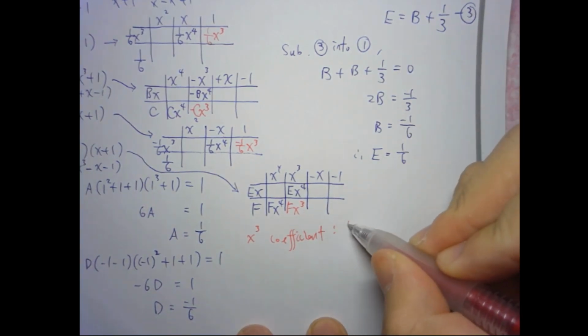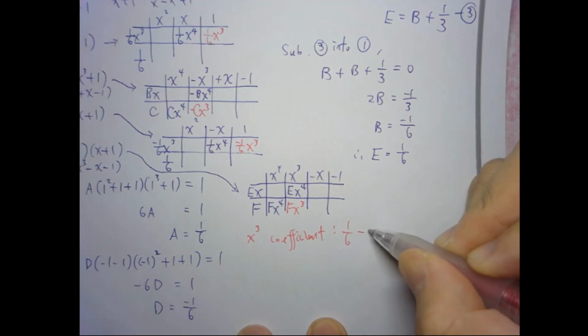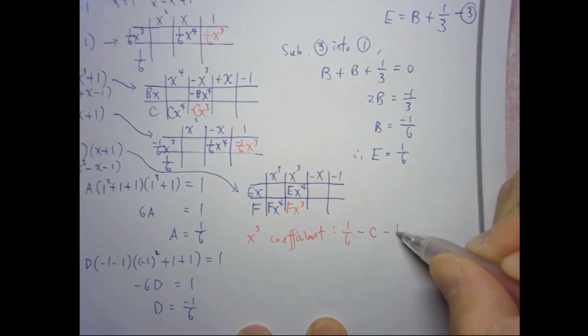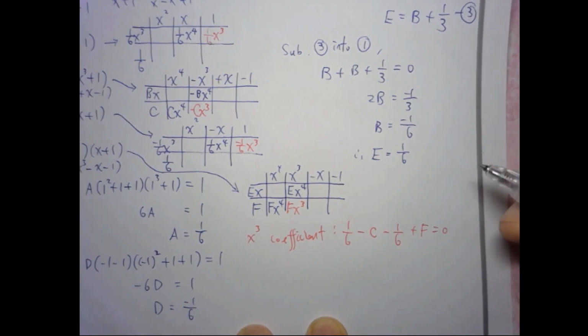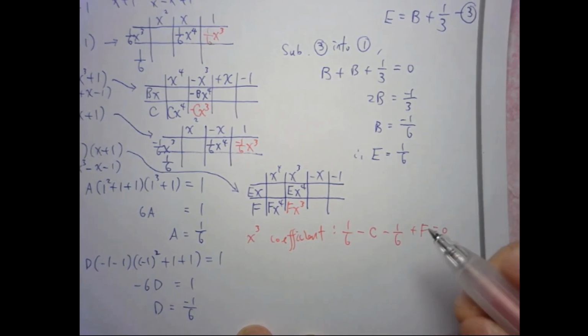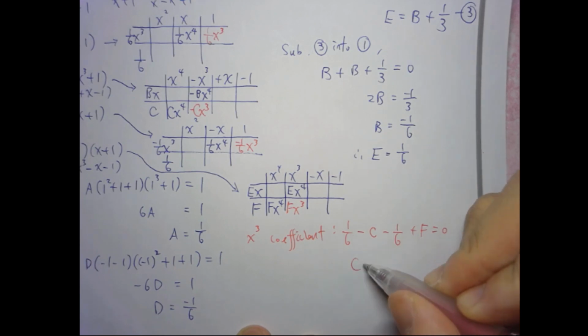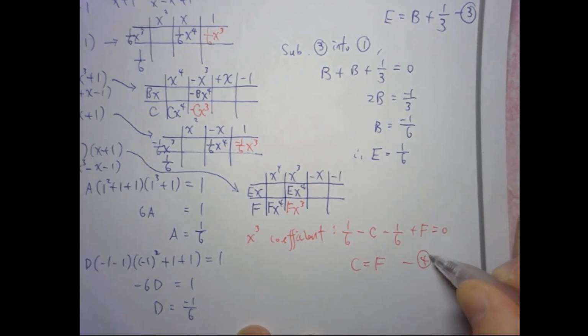So 1 over 6 minus c minus 1 over 6 plus f equals 0. Then we simplify and get a simple equation, c equals f, which is equation 4.